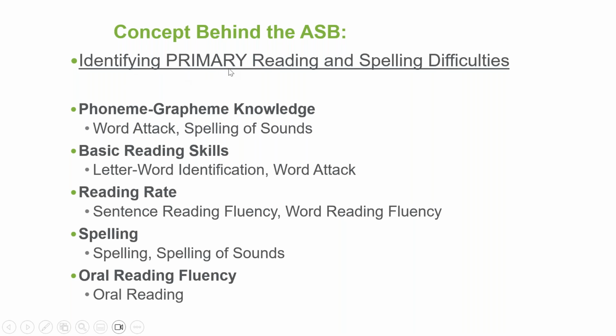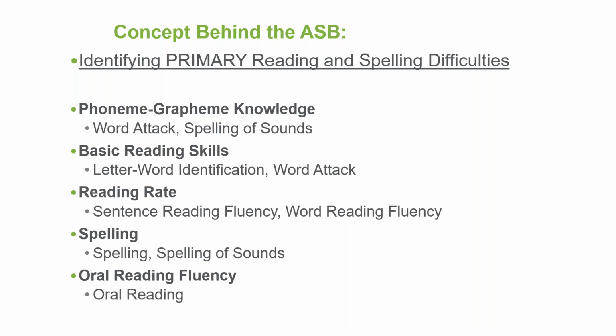What we've done is we looked at identifying the primary reading and spelling difficulties, and it has a list of the different areas that we want to look at and consider as part of our comprehensive assessment for dyslexia. And it tells us which tests from the WJ should be utilized to measure, like reading rate, for example. We've got sentence reading fluency and we've got word reading fluency. For spelling, we've got a spelling test, and then we've got spelling of sounds.